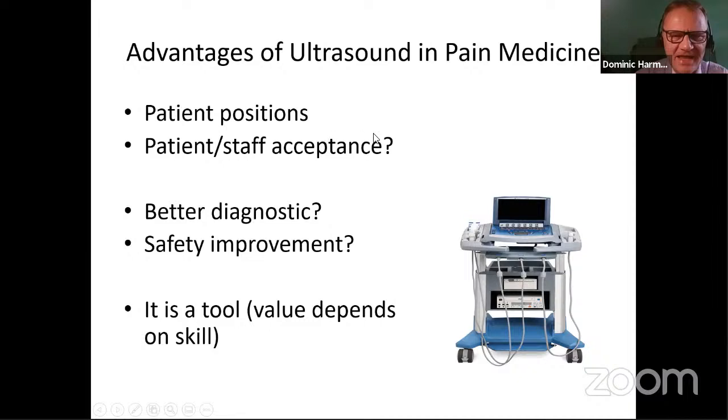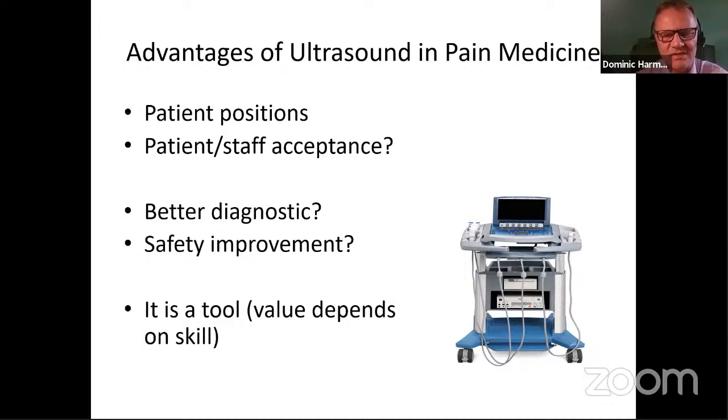You're not wearing heavy leads. Better diagnostic, I would definitely say so. I mentioned that obesity is not a problem, especially if you're skilled. And with the X-ray, the older the patient, the more osteophytes you get, for example, and it becomes more difficult using X-ray in older people.